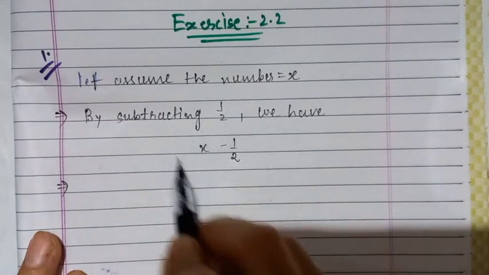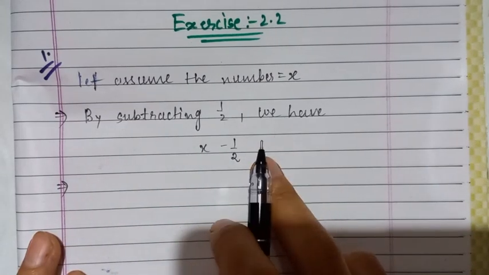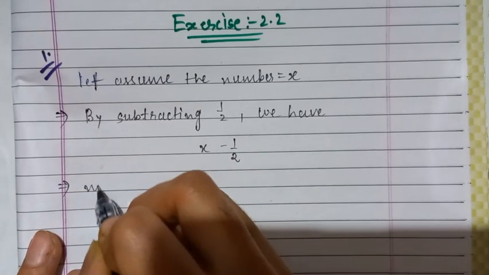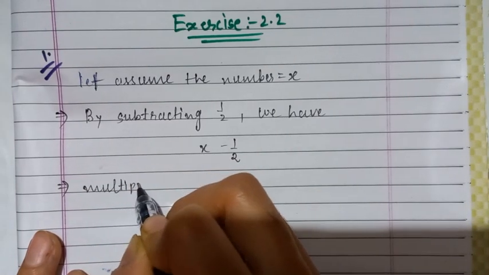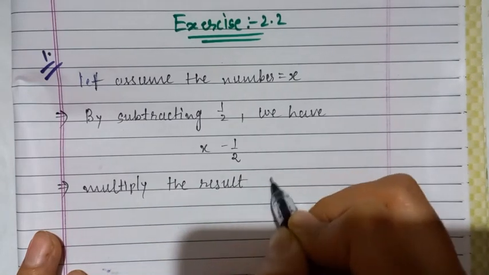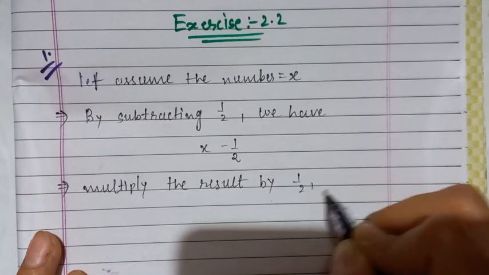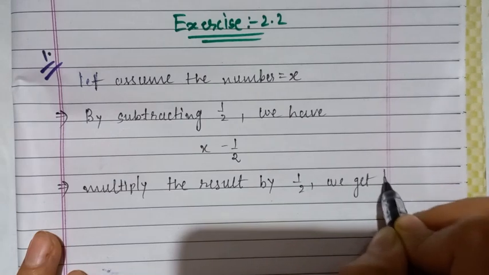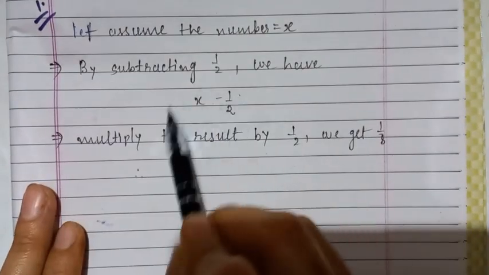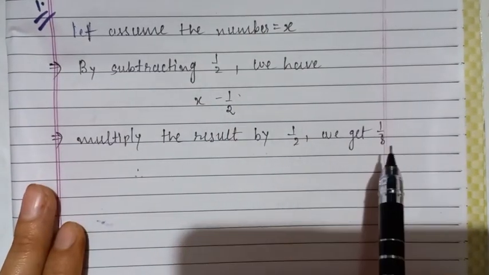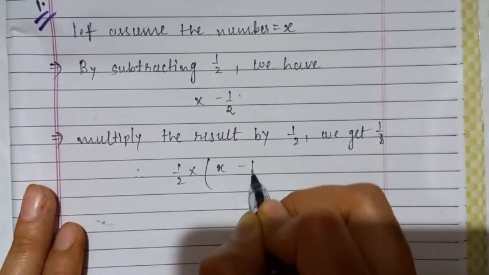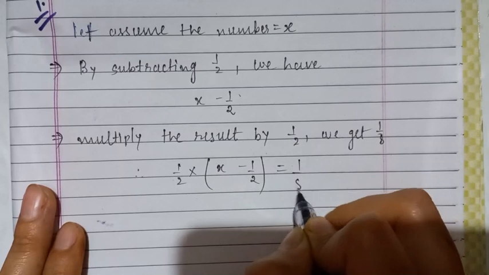Which result? This one, subtracting 1 by 2, this is the result. Multiply the result by 1 by 2, we get 1 by 8. If we multiply 1 by 2 with this x minus 1 by 2, then we get 1 by 8. So 1 by 2 into x minus 1 by 2 is equal to 1 by 8.